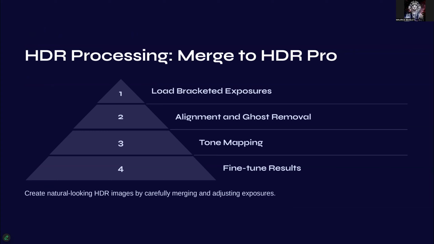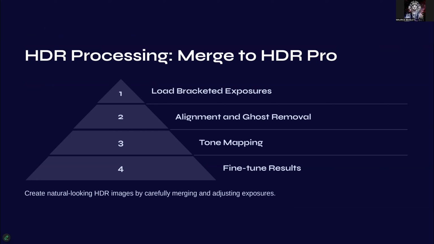Okay. There's this thing called Merge to HDR Pro that we'll take a look at inside of Photoshop. It allows you to get the different exposures and adjust for ghost removal. So if you have smoke, fire, water, wind, and I don't think I have that file anymore where I could show that to you, you can get rid of the little ghost effects that happen.